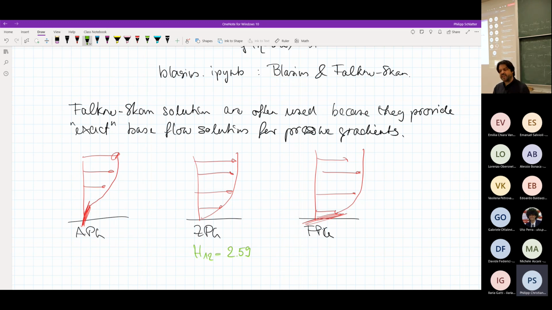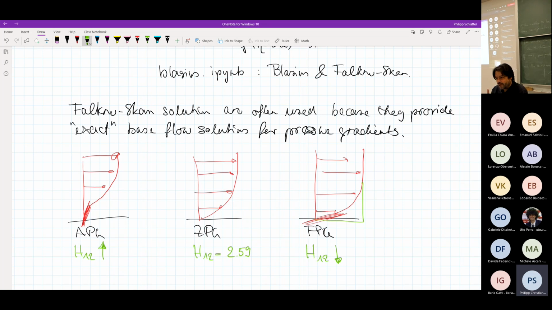Now, as I was saying, H is a measure for the thickness of the profile. Actually, it's a measure of the inverse thickness, because it turns out that for APG, you would get a higher value, and for FPG, you would get a lower value. So the thicker the profile is, the lower H is. In the extreme case, when you have a rectangular profile, what would H be in this case? 0?